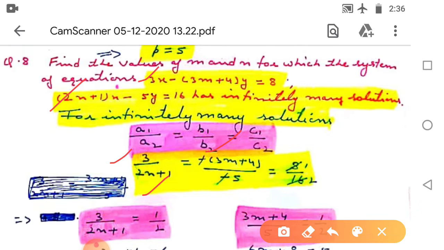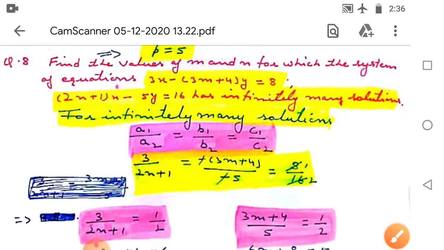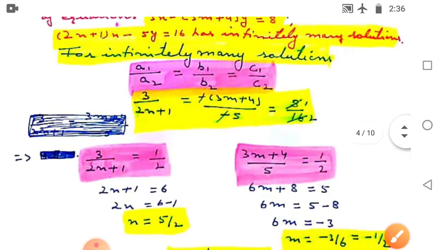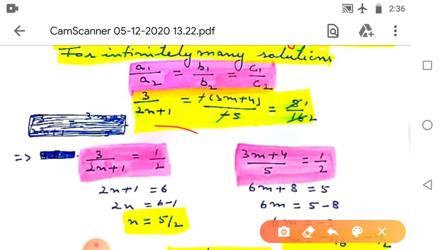Okay, and here b2 is minus 5, so we write minus 5, minus with minus gone, is equal to c1 upon c2, that is 8 upon 16, which is 1 upon 2. Clear? So taking first two equalities here, that is 3 upon 2n plus 1 is equal to 1 by 2, cross multiply, 2n plus 1 is equal to 6, so n is equal to 5 by 2. The value of n comes 5 by 2.